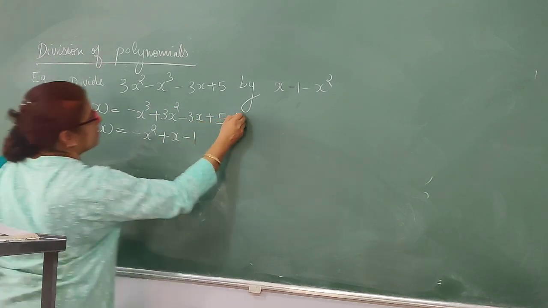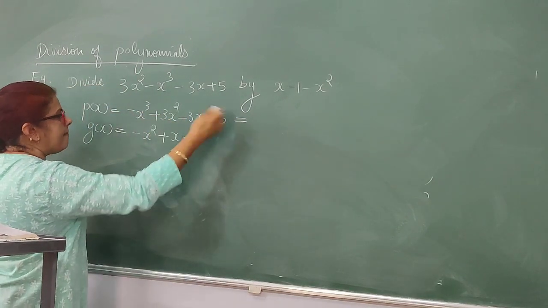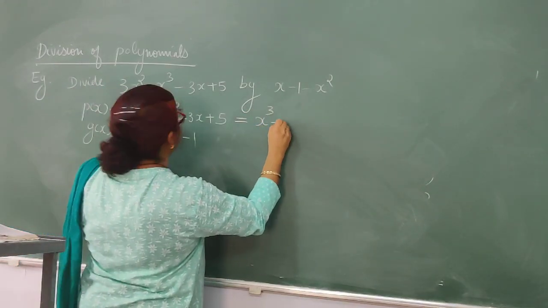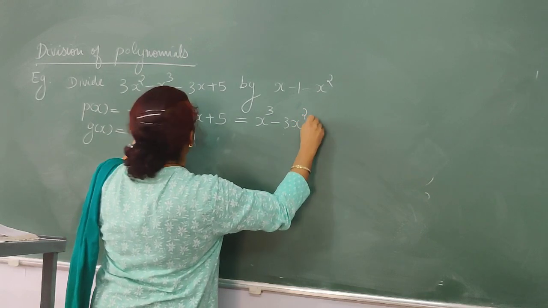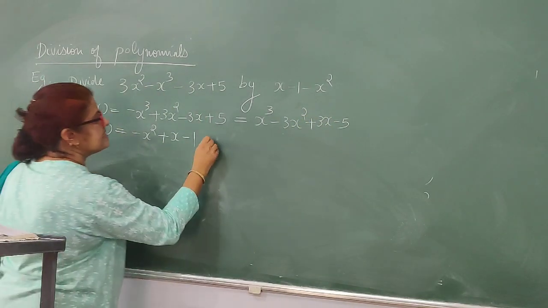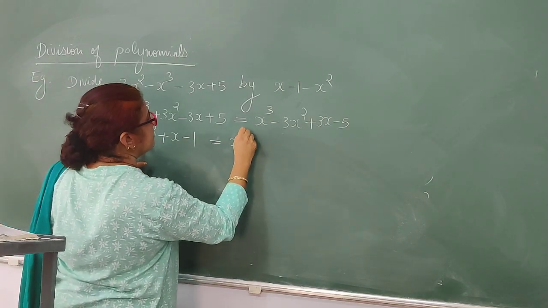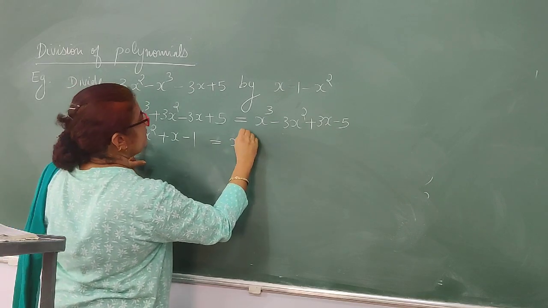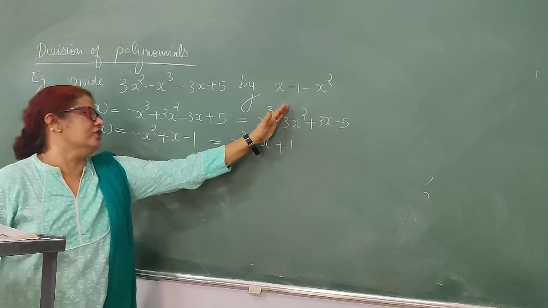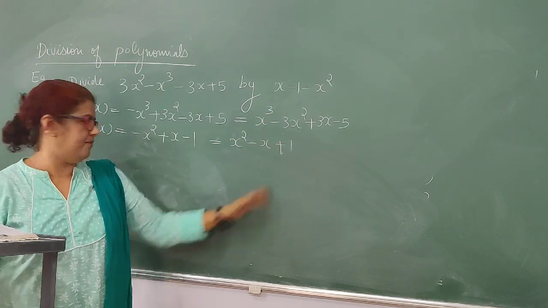If you multiply each term of this P(x) by minus 1, we get x cube minus 3x square plus 3x minus 5, and in the same way the divisor, we get x square minus x plus 5. Now both the dividend and the divisor are in the standard form.